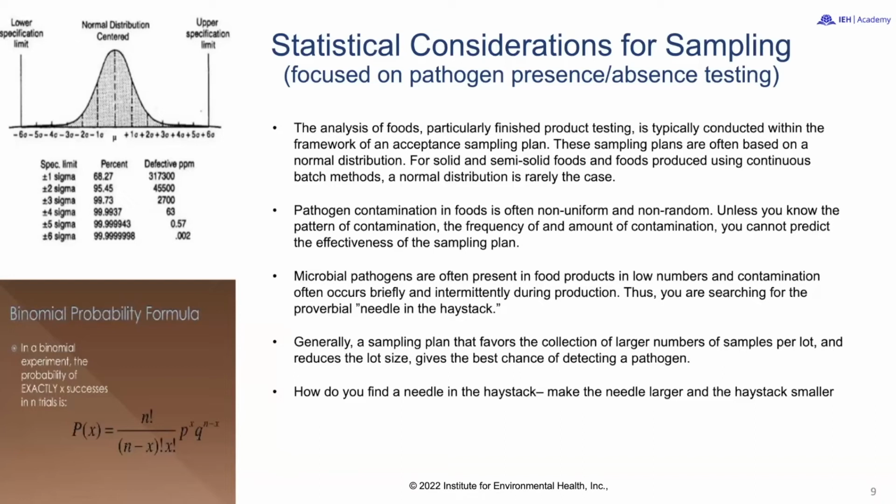In fact, when you don't have a normal distribution, it is impossible for you to predict exactly what the performance of your sampling plan is going to be. But I can tell you that generally, a sampling plan that favors a larger number of samples per lot is going to give you a much better result than a sampling plan that simply favors fewer samples or larger quantities of product.